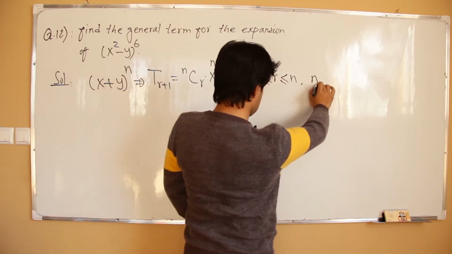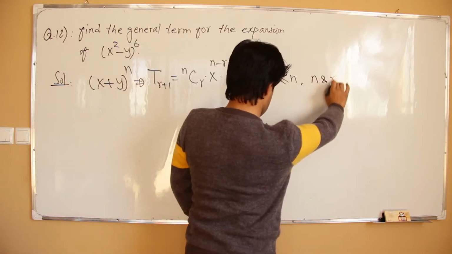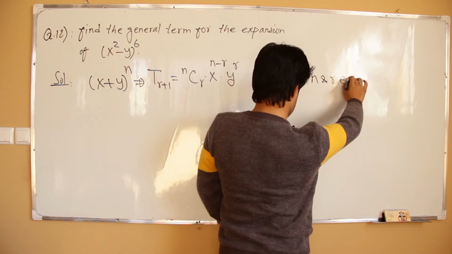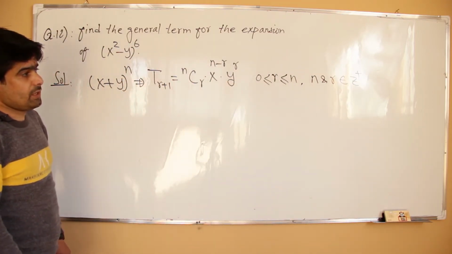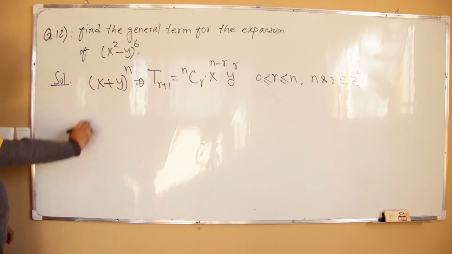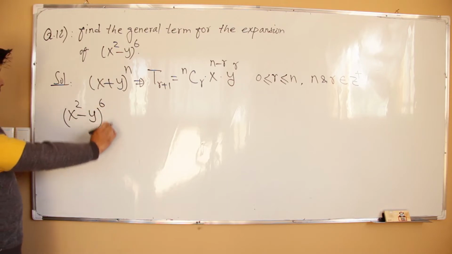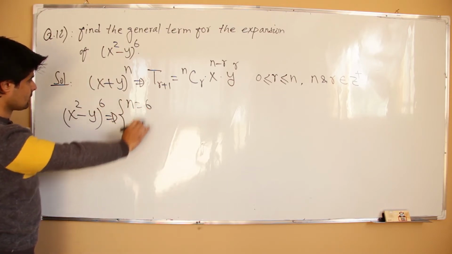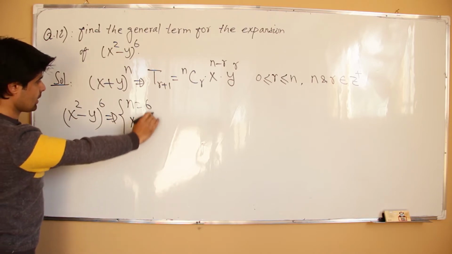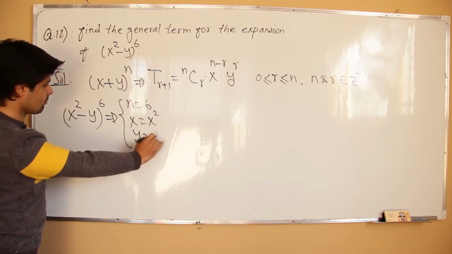And n with r, they are what? They are integers, positive integers. In here we have x squared minus y raised to the power 6. Now what do you know? n is 6, x is x squared, and y is minus y.